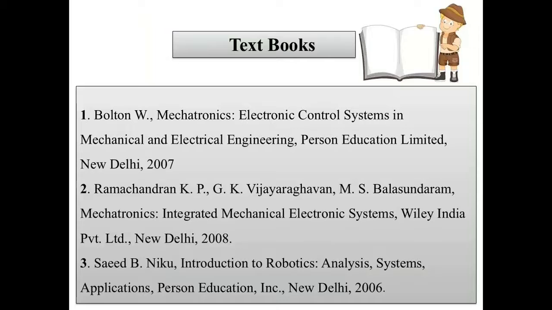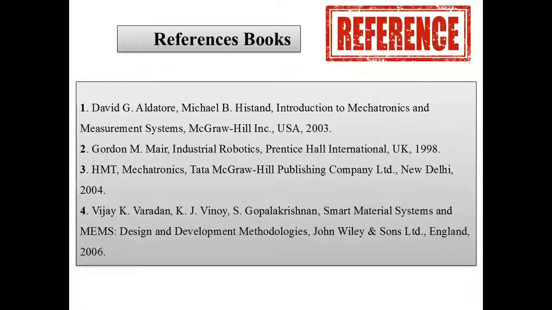So these are the textbooks available for studying this subject. Mainly these three books are available for studying, and these are the reference books. If you need a larger idea about a topic, then you can refer to these books for extra information about that particular topic.